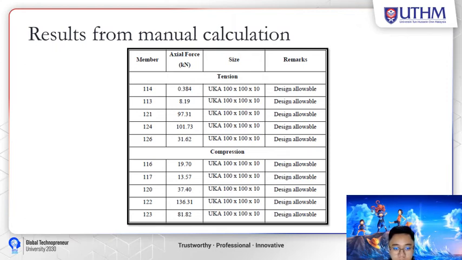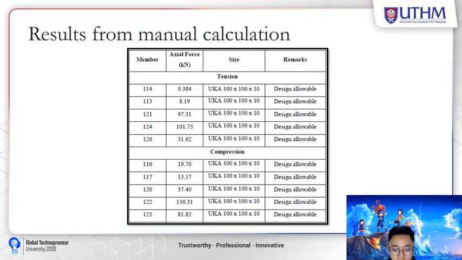Member 113 axial force 8.19, size UKA 100 times 100 times 10, allowable. Member 121 axial force 97.31, UKA 100 times 100 times 10, allowable. Member 124 axial force 101.73, size UKA 100 times 100 times 10, allowable. Member 126 axial force 31.62, size UKA 100 times 100 times 10, allowable.